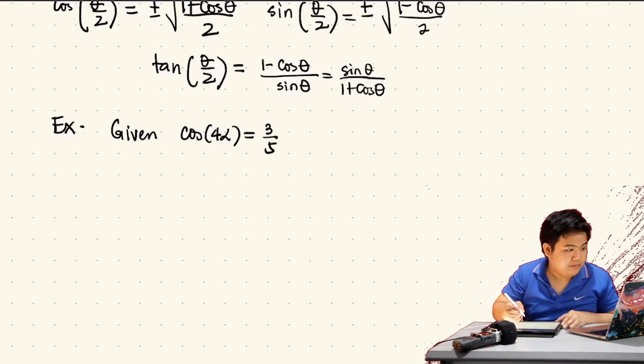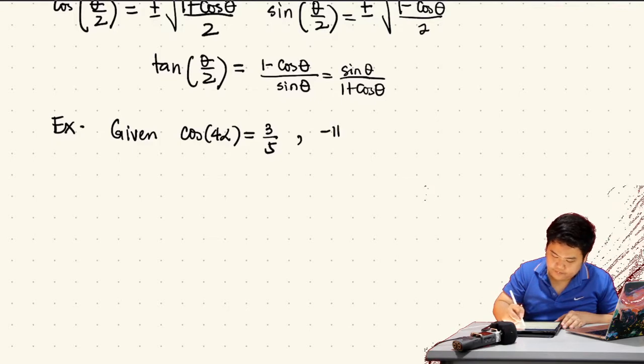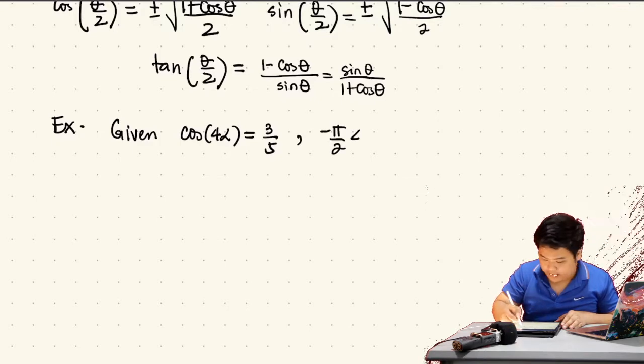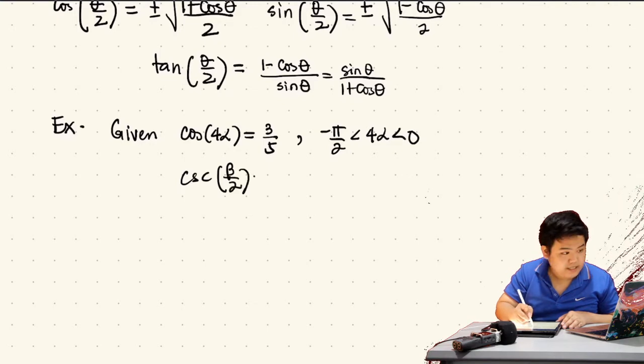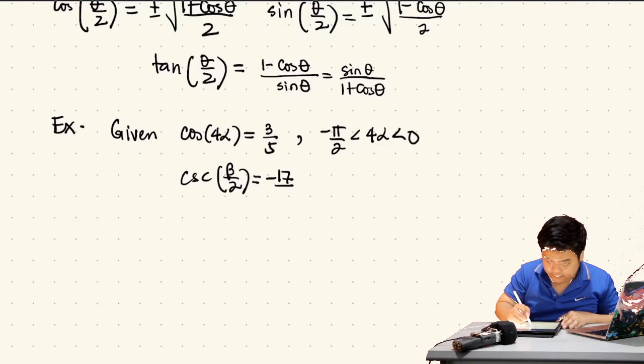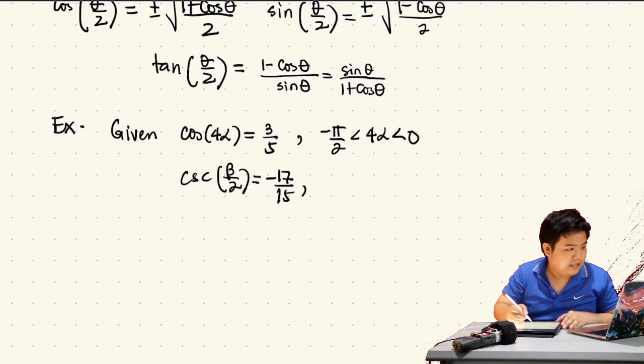Pero ang restriction mo ay doon sa alpha ay eto, and cosecant beta over 2 is negative 17/15. At ito rin yung restriction ni beta over 2.